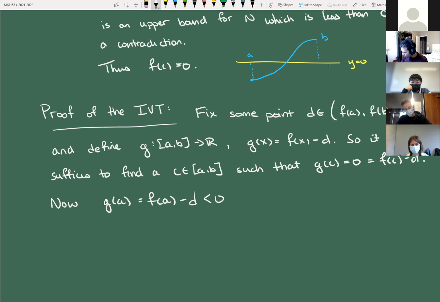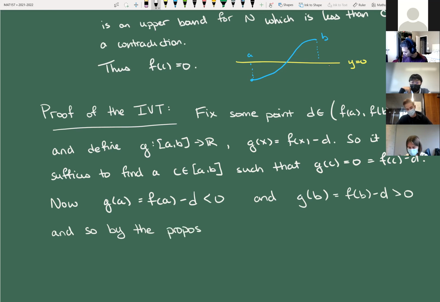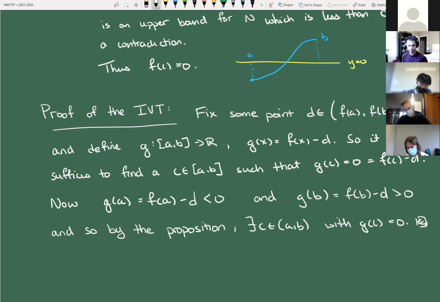So this number is less than 0. And g of b, which is f of b minus d, well, f of b is bigger than d, right? So that's greater than 0. And so by the proposition, there exists some c in [a,b] with g of c equals 0. And voila, finished.